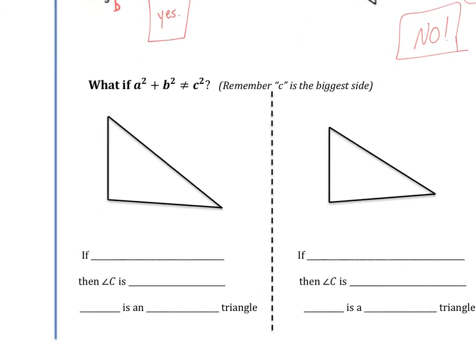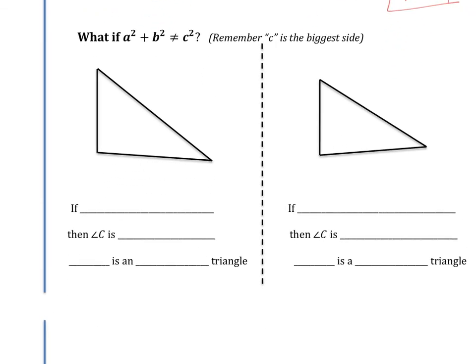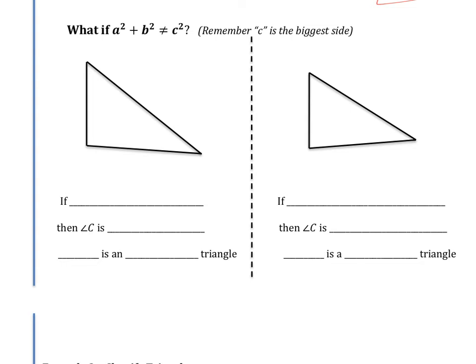So if you look down here, what if a squared plus b squared does not equal c squared? What if that's not true? Which we found out in that second example it's not. So let's label our triangle A, B, and C. And we have our side lengths. So what if c squared is greater than a squared plus b squared?